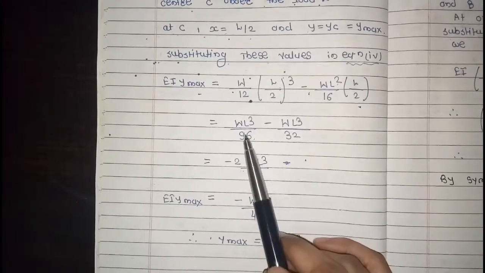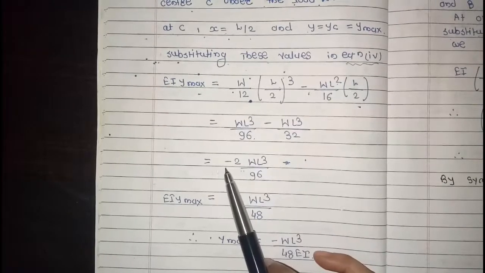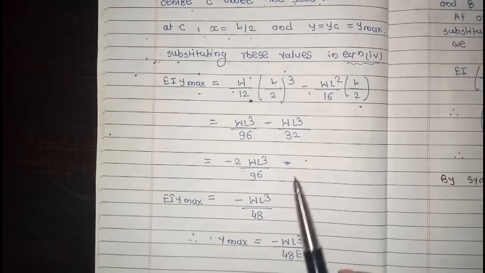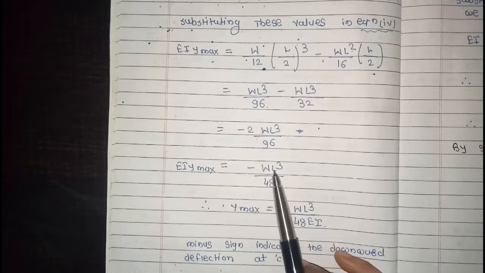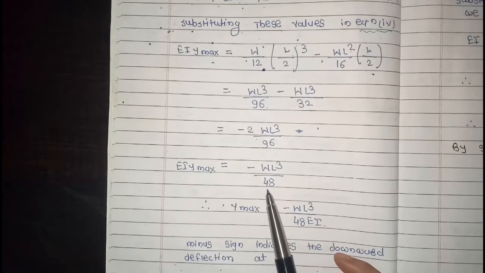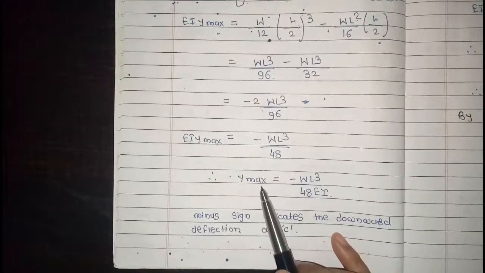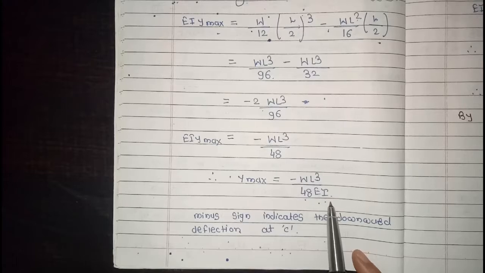Solving this equation, we get minus 2 into wL cubed divided by 96. EI y max is equal to minus wL cubed divided by 48. Therefore y max is equal to minus wL cubed upon 48 EI.